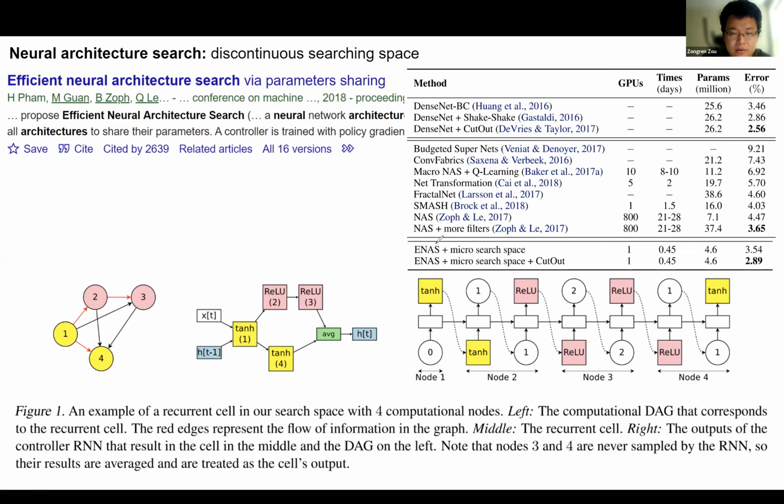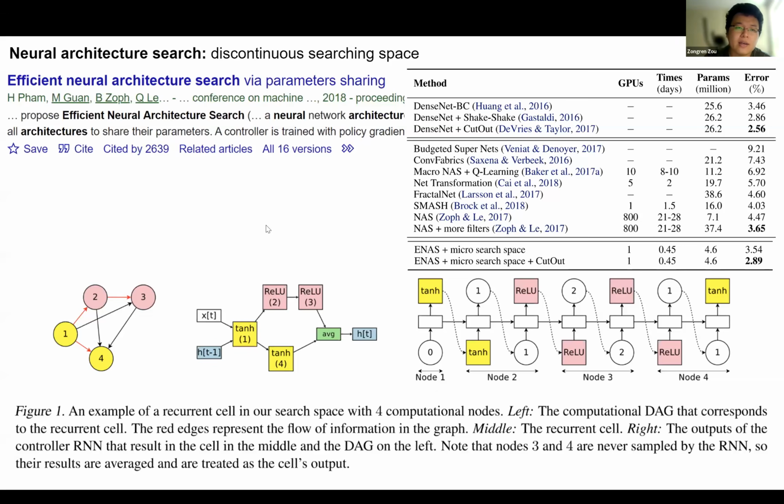So here you can see the original neural search took about 800 GPUs for 3 to 4 weeks, and this efficient neural search is using 1 GPU, and it's much faster than the previous one. And the authors claim the error is smaller.